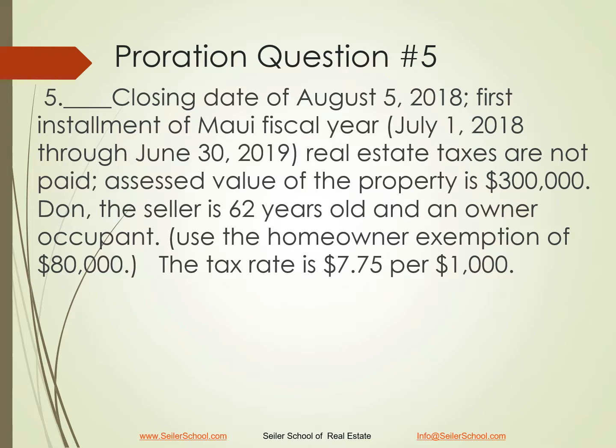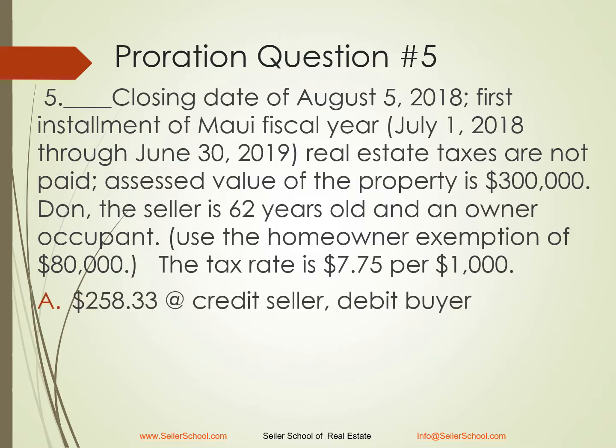The real estate taxes are not paid. There's an assessed value of the property of $300,000. Don, the seller, is 62 years old and an owner-occupant. Use the appropriate homeowner exemption of $80,000. The tax rate is $7.75 per thousand. Let's see if we can solve this. Here are our choices.